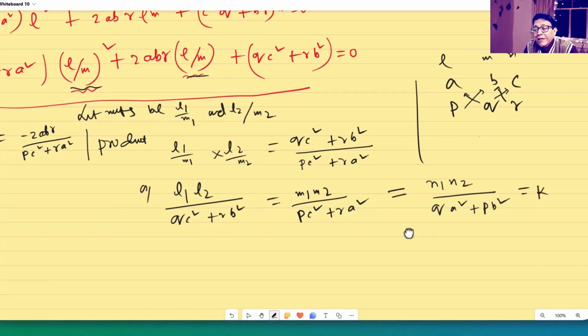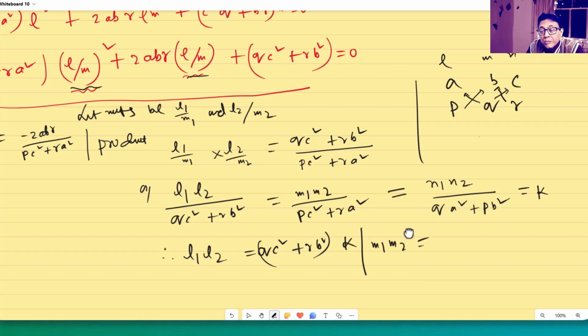Therefore, L1 L2 is (QC square plus RB square) into K. M1 M2 is (QC square plus R square) multiplied by K. And N1 N2 is (Q square plus PB square) into K. Okay?